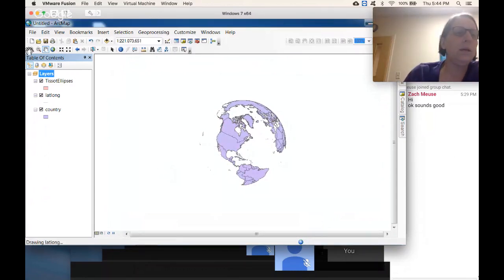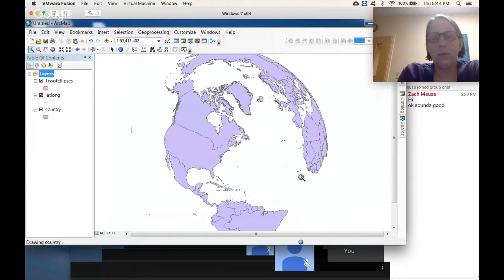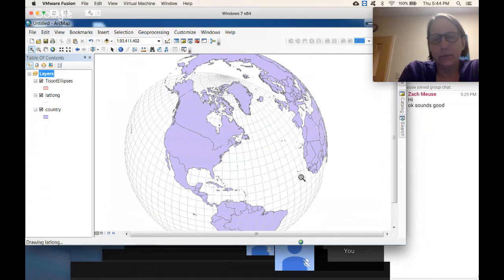It does require quite a lot of computing power, so it does take a little bit. And we're just going to use the default settings there. So I'm going to let it draw. And then the Tissot ellipses will come up.